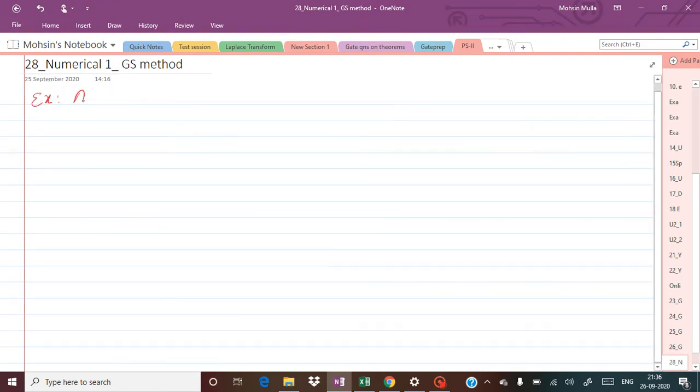A 3-bus system is shown in the figure below.